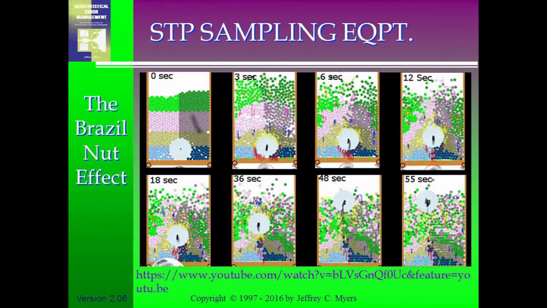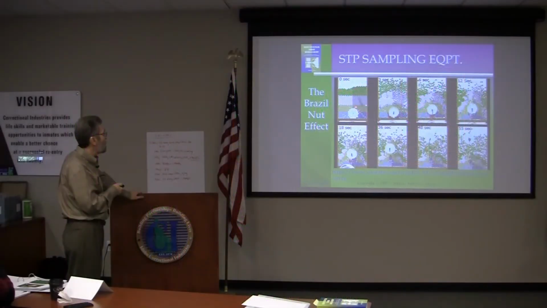Another effect, and this is what I do with my little models, it's similar, it's called the Brazil nut effect. Especially if you have lightweight particles that are large. I mean, this will happen with a lot of large particles anyway. You start with the nugget down here in several different materials. You start shaking it. And I do have, you can type in the YouTube URL and actually see these things.